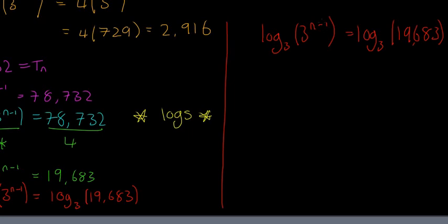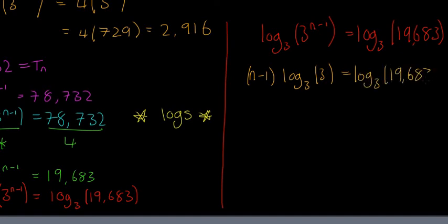So what we can do with logs, we can take this exponent down, so n minus 1, we can take it down in front of the log. So I'll do that in orange, and I'm going to say that's equal to n minus 1 multiplied by log to the base 3 of 3, and that's equal to log to the base 3 of 19683.